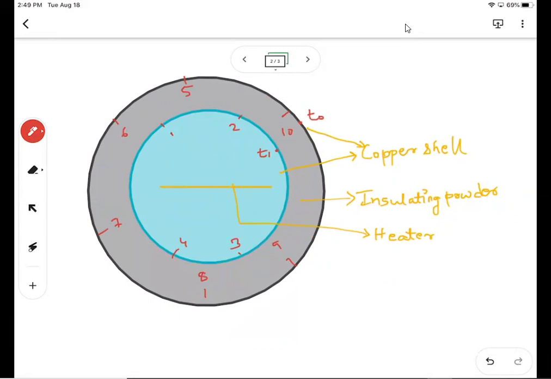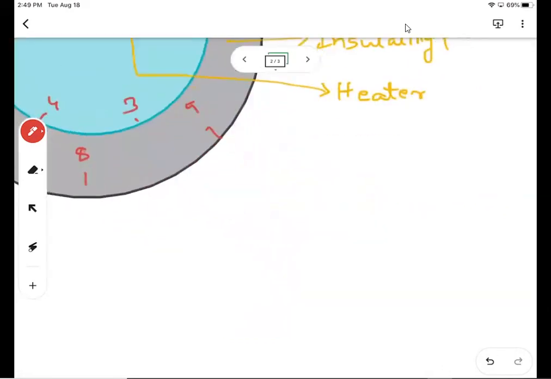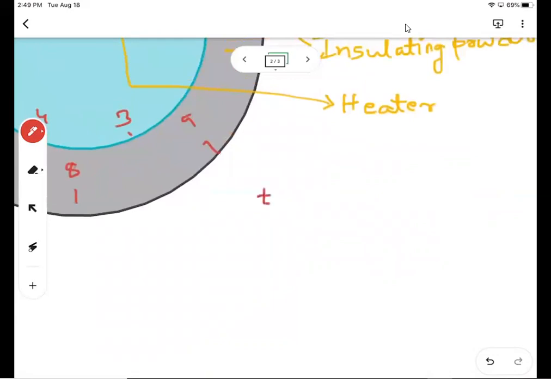For the outer shell, the same way: T5, T6, T7, T8, T9 plus T10, divided by 6. So this will give you the outer temperature. I'll write that down over here. To find Ti, you need T1 plus T2 plus T3 plus T4 upon 4.